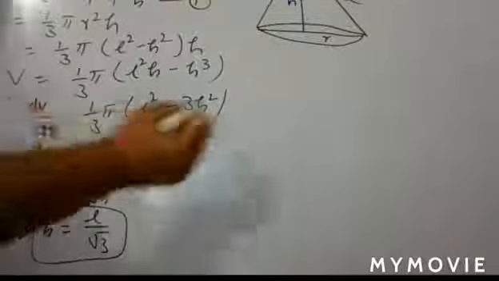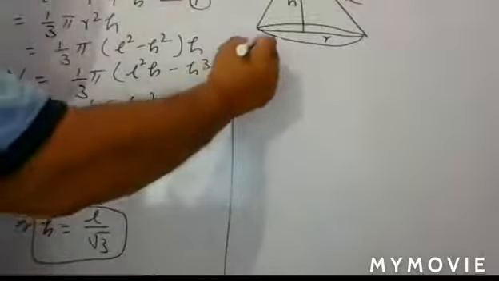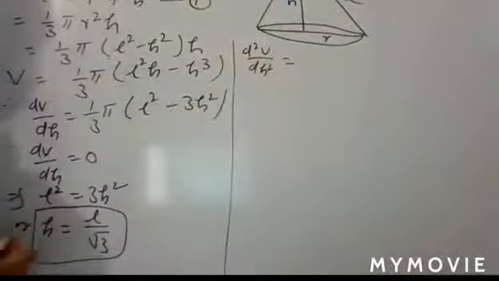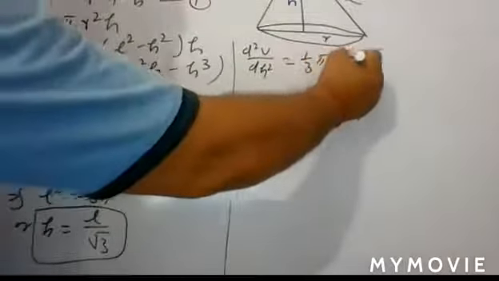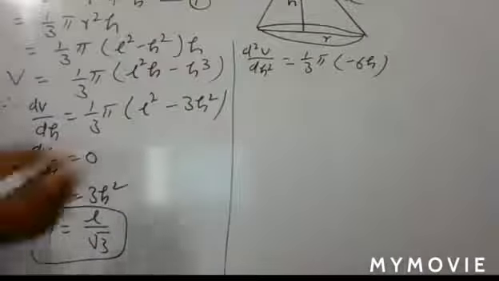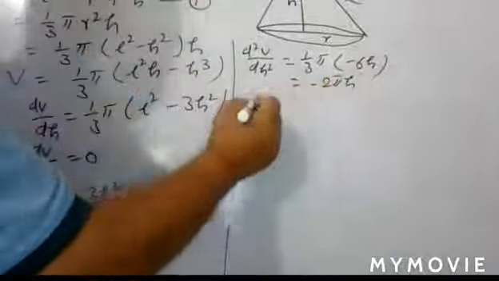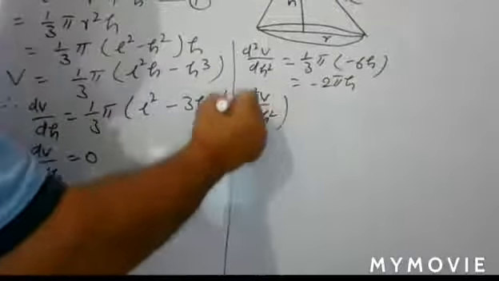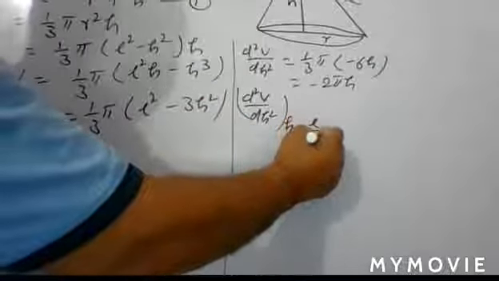Now taking its second derivative. So d2V upon dH2 is equal to 1 upon 3 pi into minus 6H, which is also equal to minus 2 pi H. Now, second derivative at the given value of H, H is equal to L by root 3.